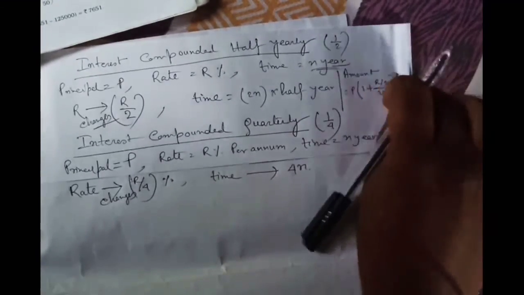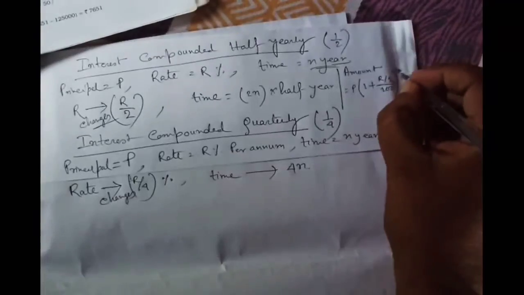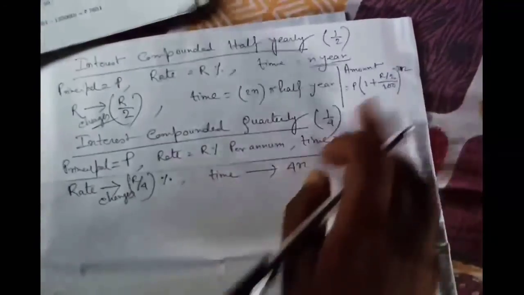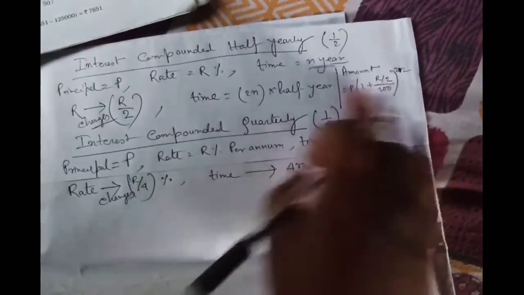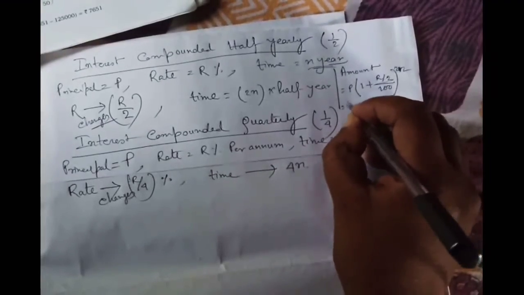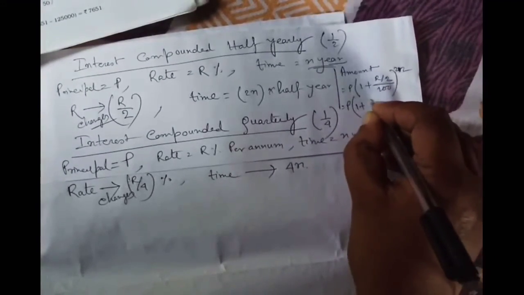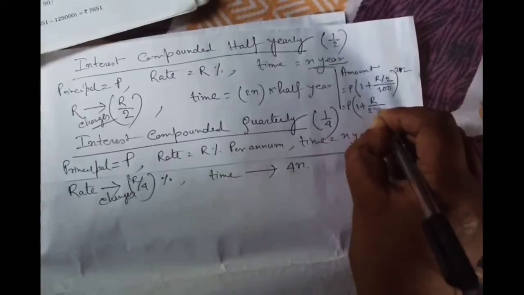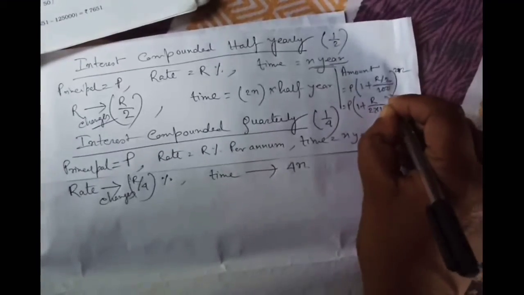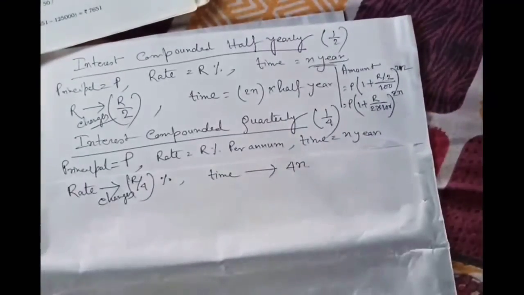Again I am writing P into (1 + r/(2×100)) whole to the power 2n.